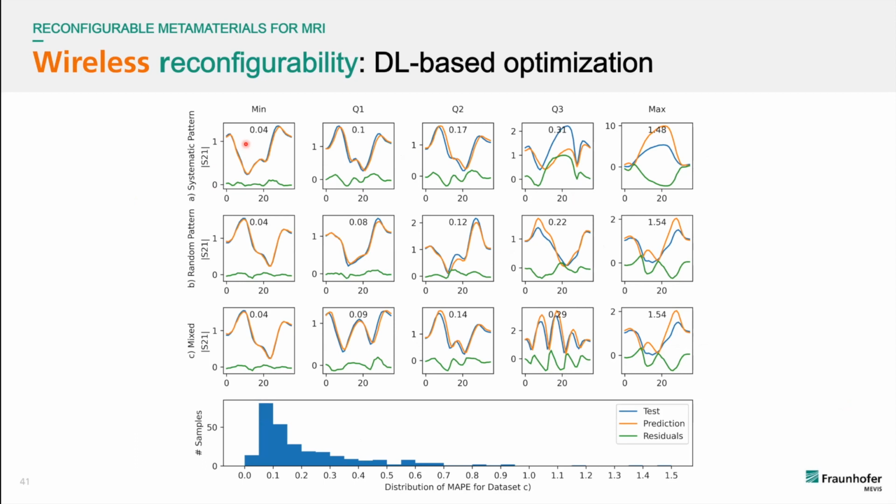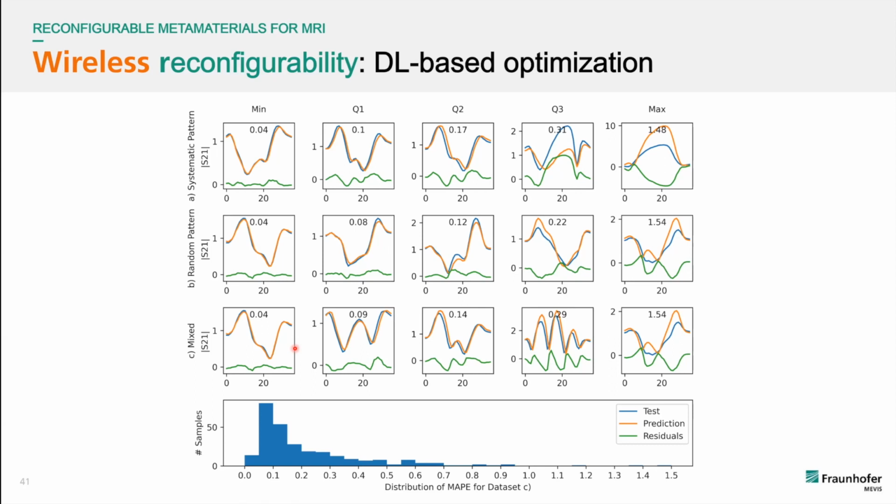Don't want to go too much into details. And then once you are able to get all those different profiles, you can use this to control your receive sensitivity. So you are getting different patterns which you can use for imaging purposes.